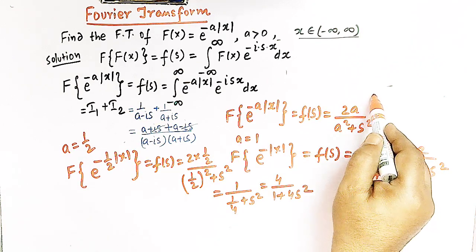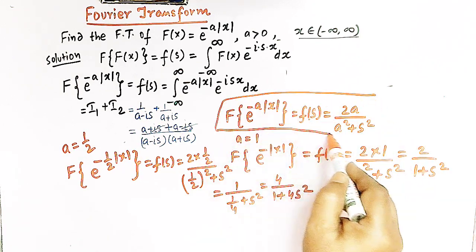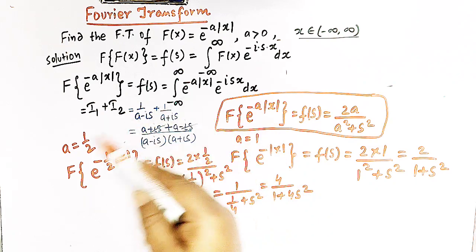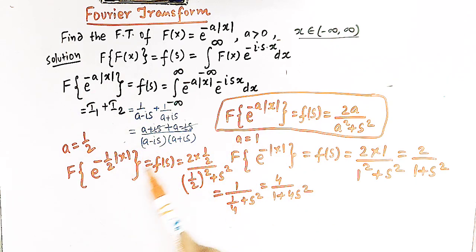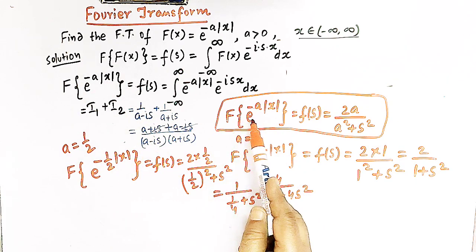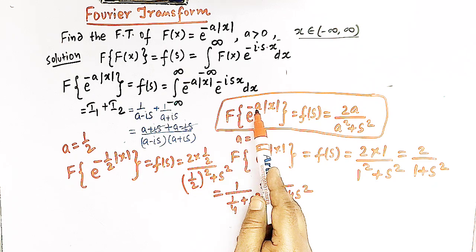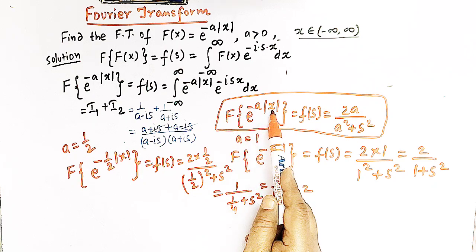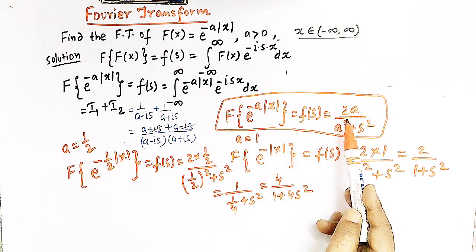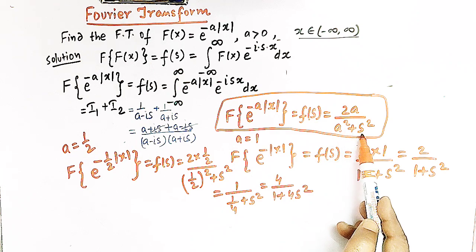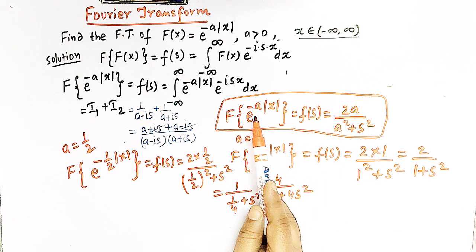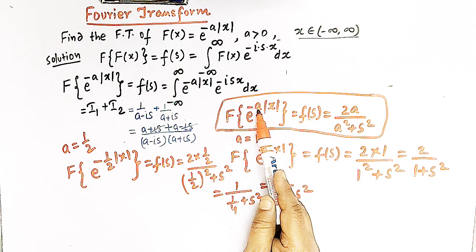This result can be taken as a standard result in Fourier transforms of functions. The Fourier transform of the function e raised to minus a times the absolute value of x is given by 2a divided by a square plus s square, and we can assign particular values to a.